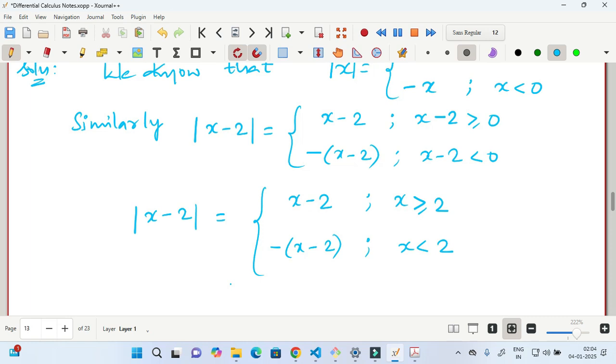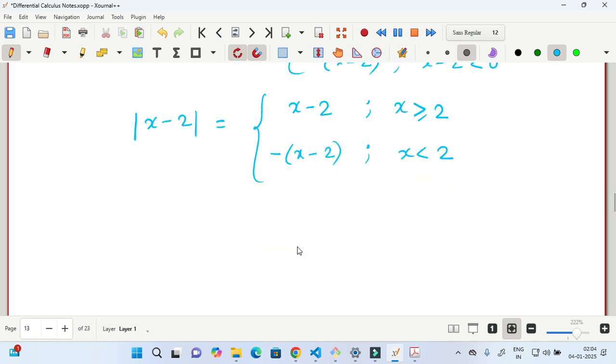So now let's come to the question. What we have understood from this definition of modulus of x: if x is greater than 2, then mod of x minus 2 is x minus 2, and if x is less than 2, mod of x minus 2 is minus of x minus 2.